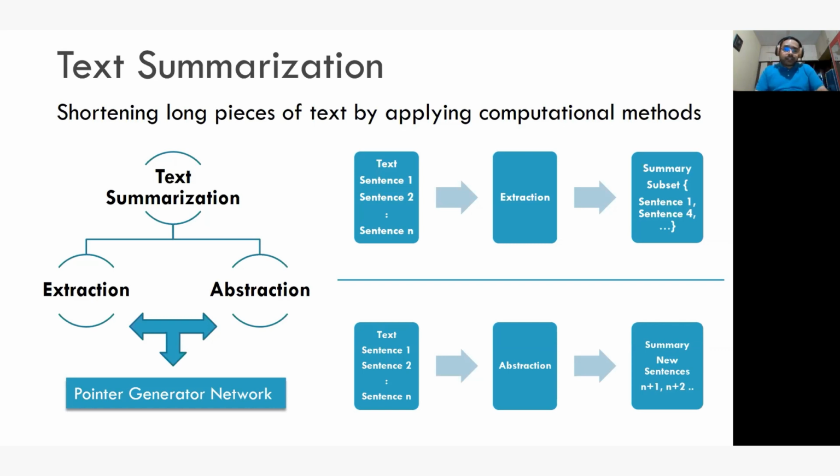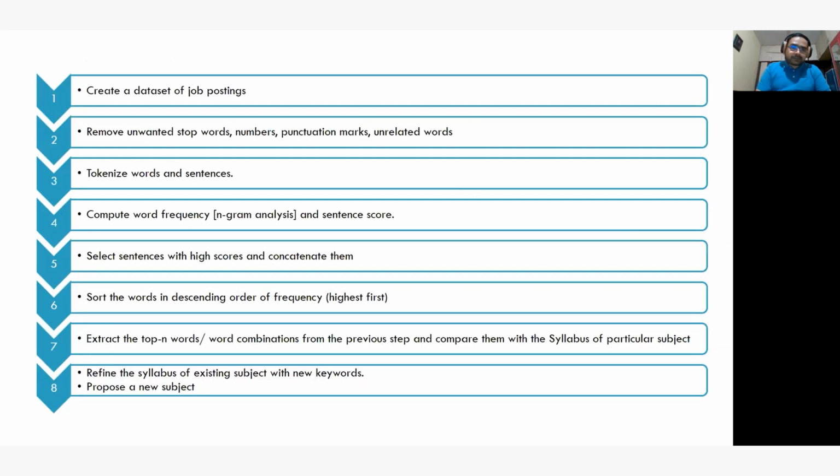So basically, a pointer is nothing but which extracts these keywords, and generator generates the new keywords from the dataset, and together these are combined to generate the new summary. So this is how pointer generator network works. So I have just given you very simple introduction to pointer generator network, but there are lots of good papers where you can read those papers and try to understand the technical details behind how it works.